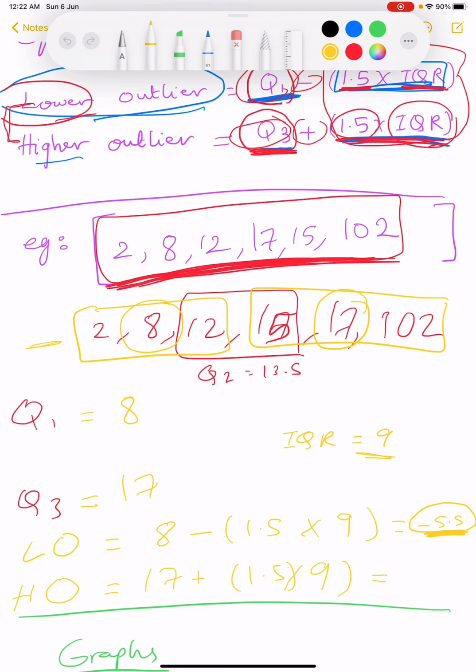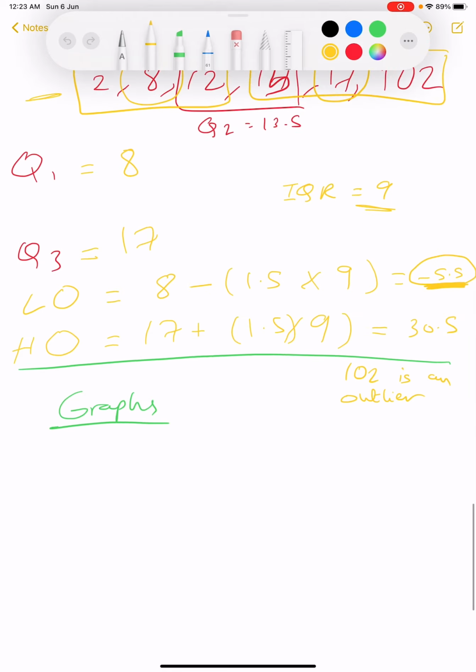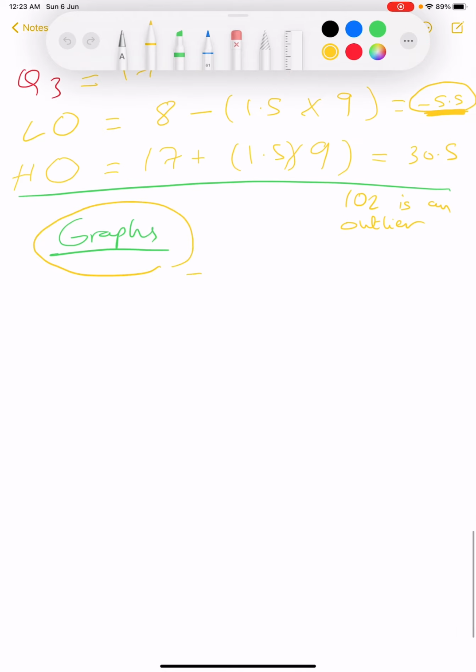So there is no lower outlier in this example. What about the higher one? We just change to 17 and plus. It will be 30.5. So 102 is an outlier.